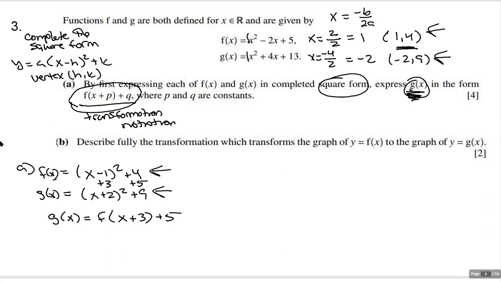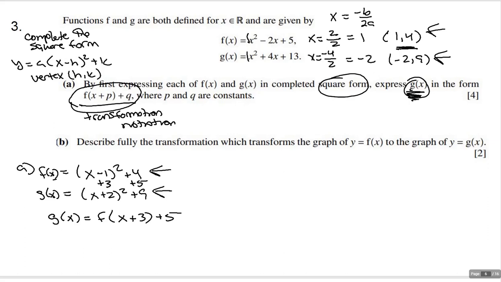Okay, so then part B, it says fully describe the transformation that transforms f of x to the graph of g of x. So basically what they want to see is what's happened here. Well, the easiest way to do this is, keep in mind, it's a translation.